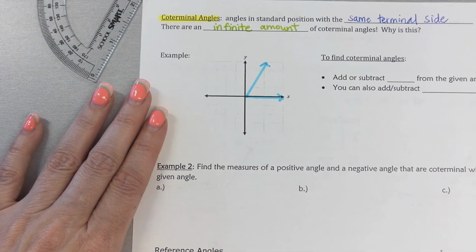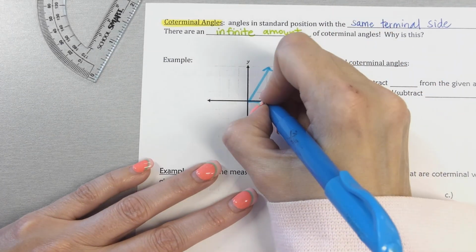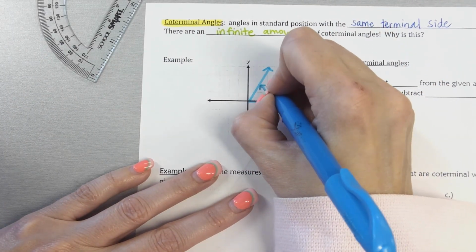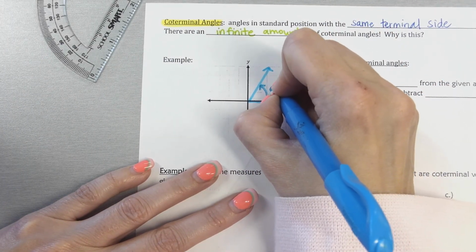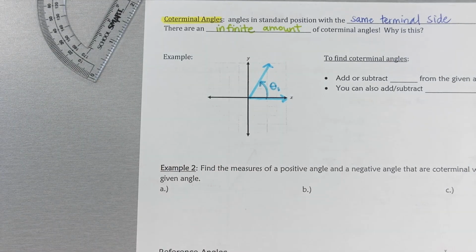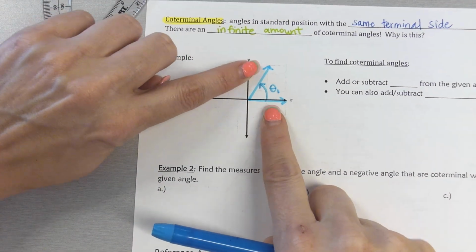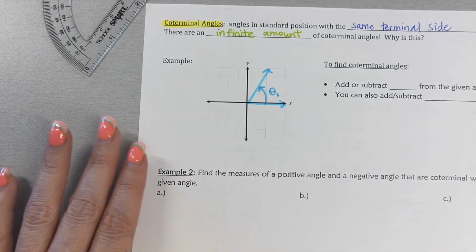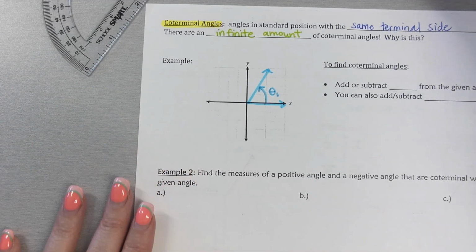Okay, so if you have an angle, we're going to call this theta sub 1. That is one possible angle that has this initial side and this terminal side as pictured. However, that is not the only angle that you can have.